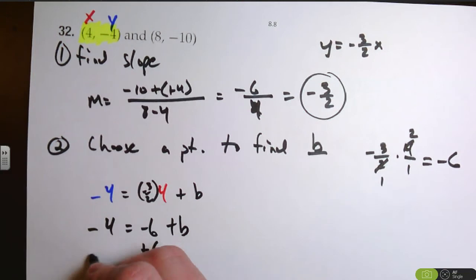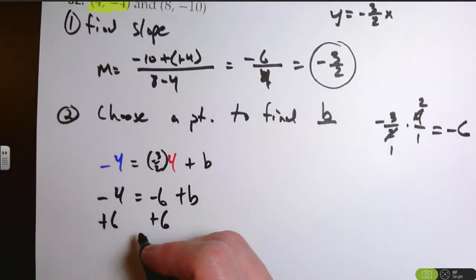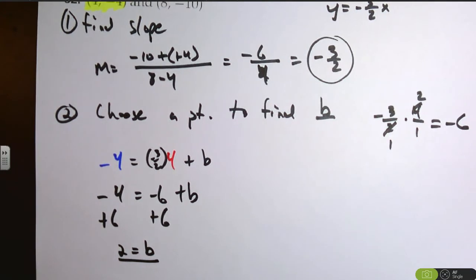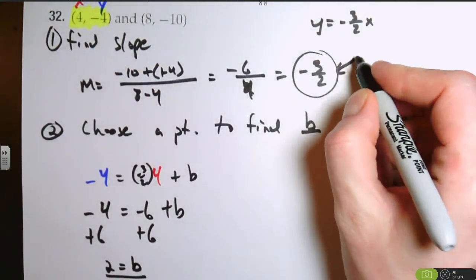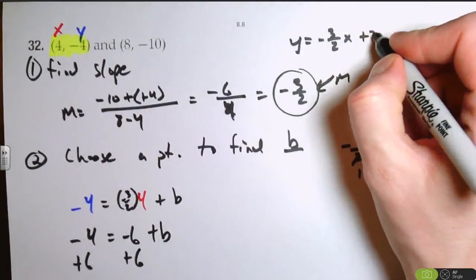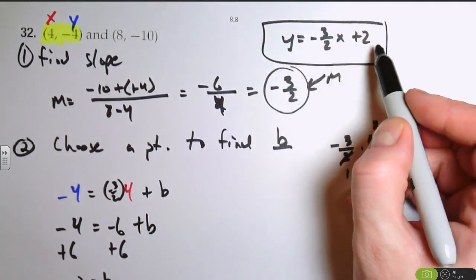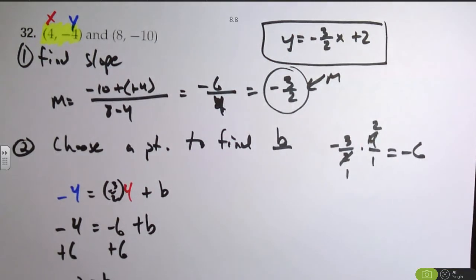Add a positive 6. 2 equals b. So there's b. There's m. Here's y equals mx plus b. And that really is most of the homework for section 8.8.